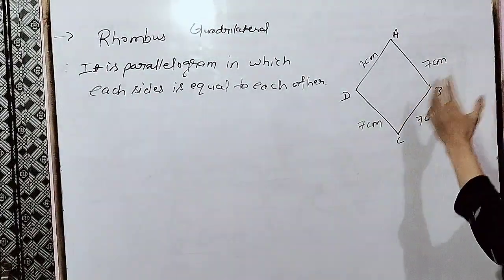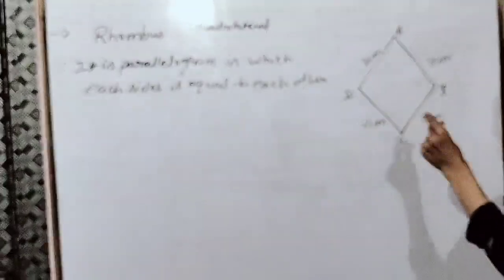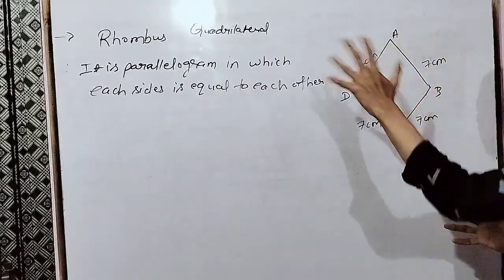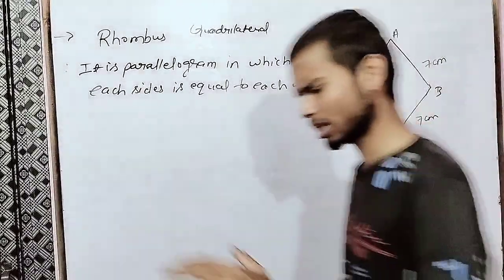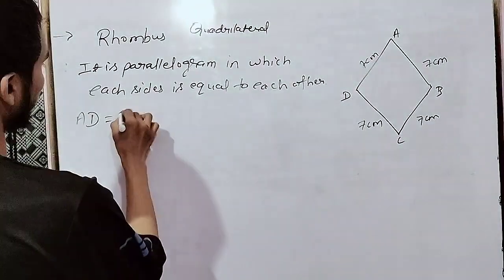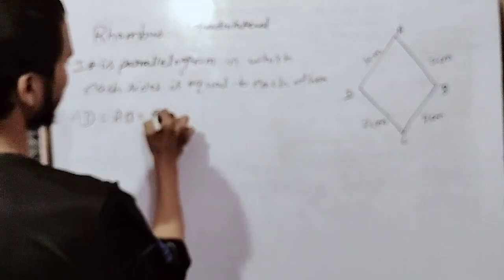This is parallel to AB, this is parallel to AD. Here AD, AB, BC would be equal.